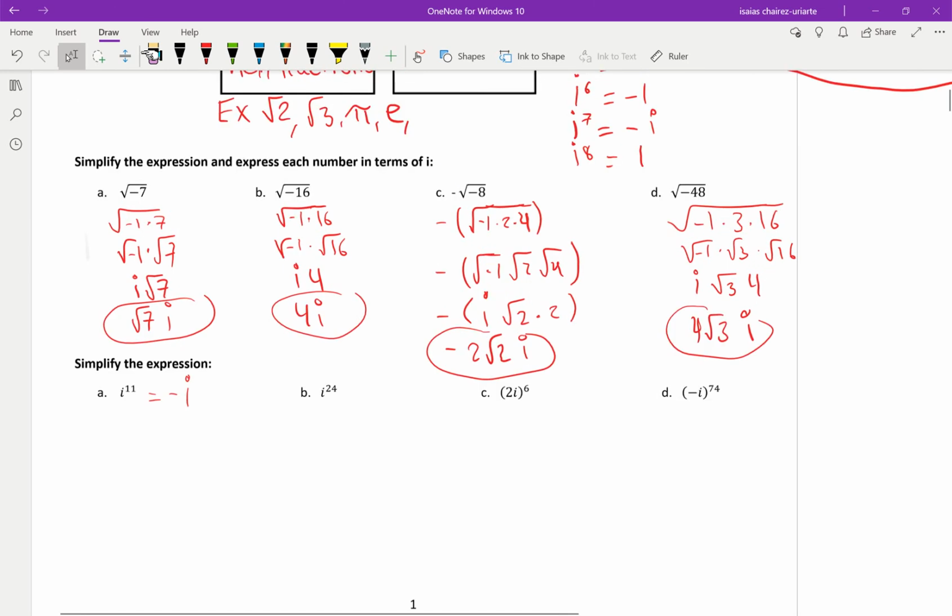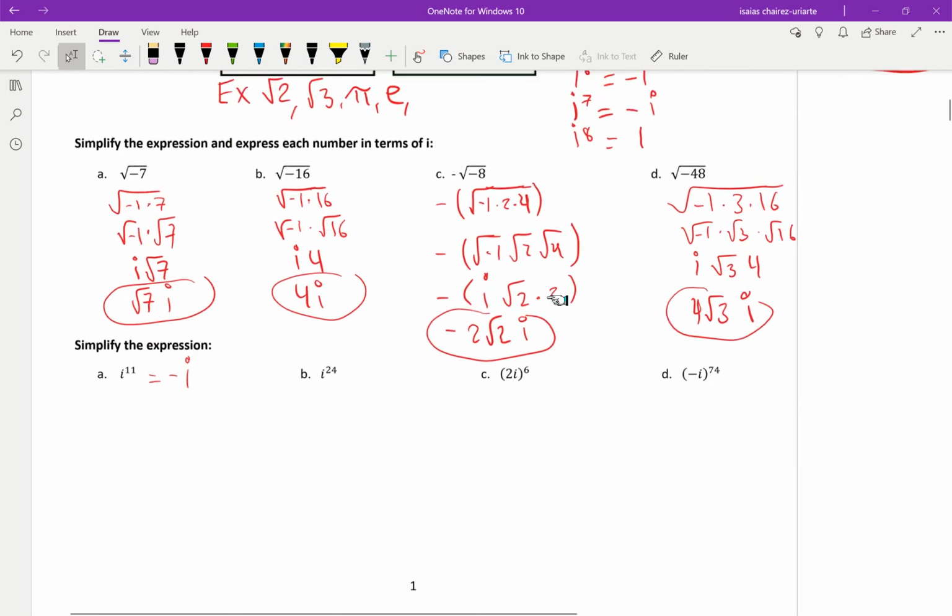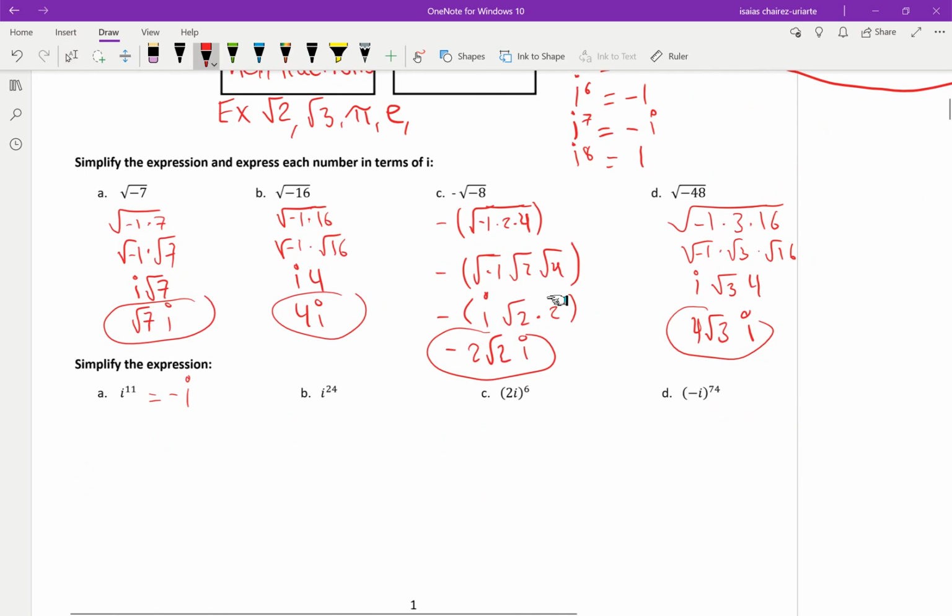You could just play with this pattern that we talked about a little bit ago, this repetition of powers of i. Or if you're comfortable with exponents, you could say that perhaps this is i to the 4th times i to the 4th times i to the 3rd, because that's what i to the 11th is.